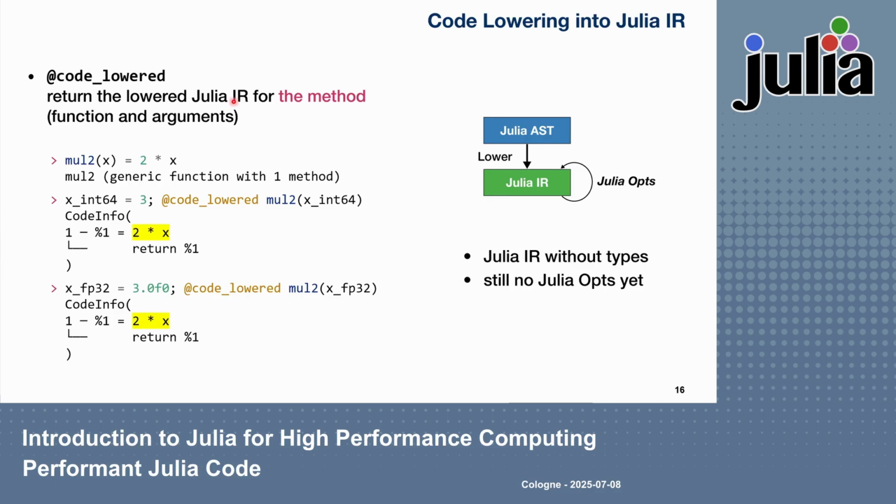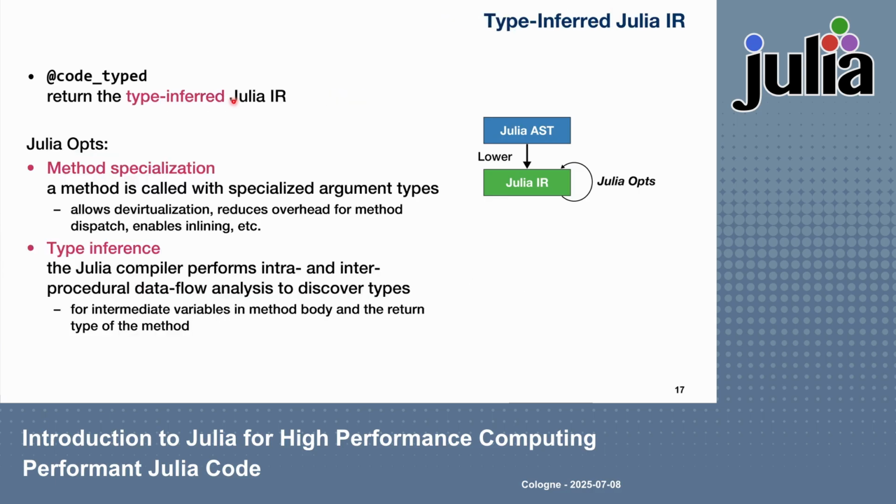And currently, there's still no Julia optimization involved yet. As you can see, this circle, Julia optimization, has not been involved yet. But it will be involved because the type of the variable is the key for performance, right?